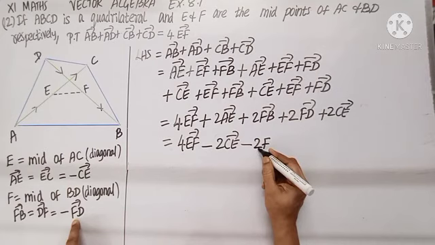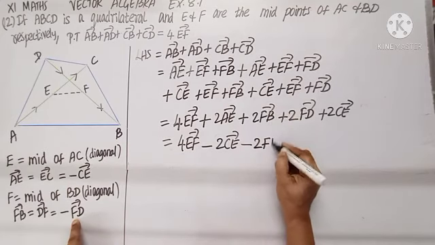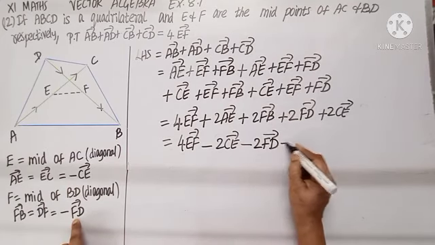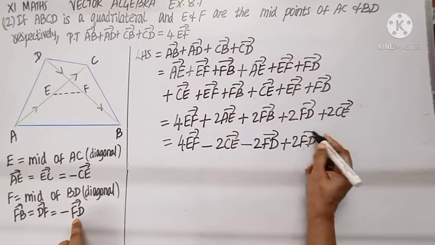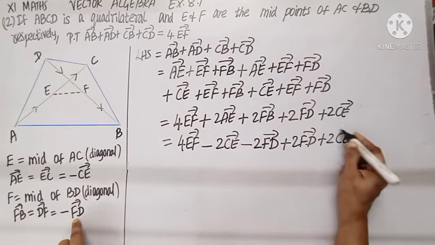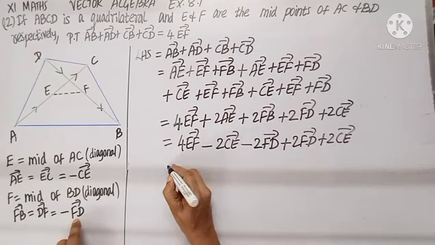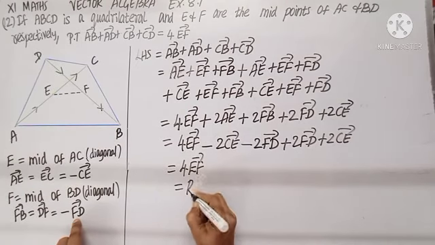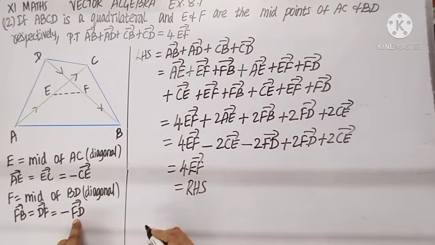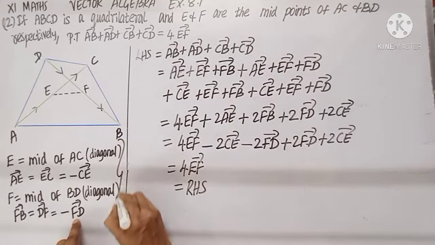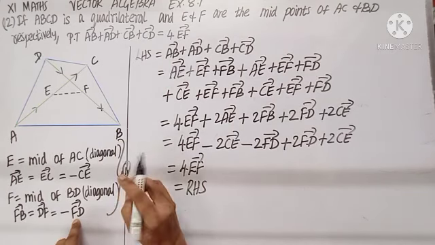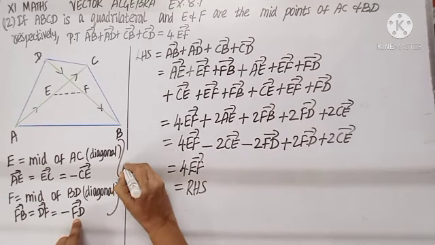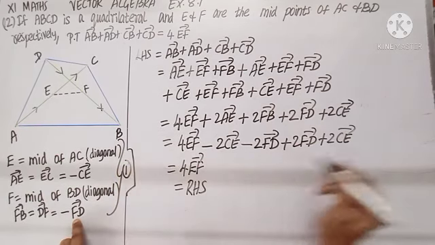So 2 as it is, instead of FB I write minus FD. Now see, the terms mutually get cancelled, just leaving us 4 into EF vector, and that is the RHS. So let me call this result number 1 and let me quote it where I am using.